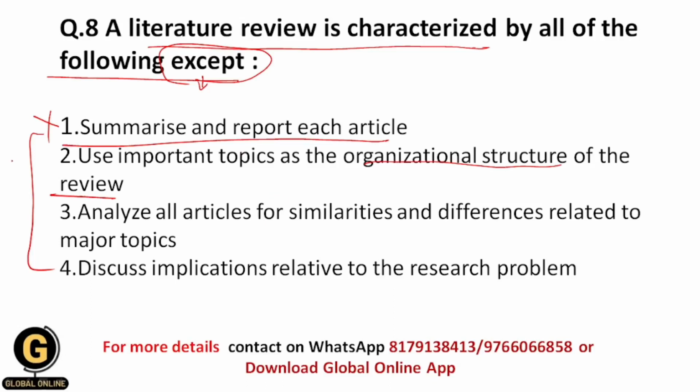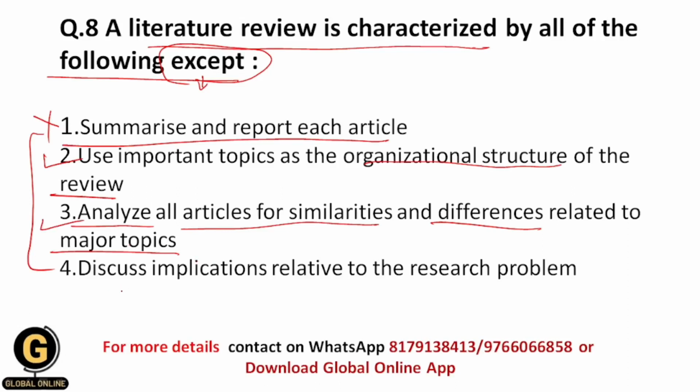So it is one of the characteristics of literature review. Then analyze all articles for similarities and differences related to major topics. Whenever we are finding the summary of different previous works, we should analyze all the different articles and theories for similarities and differences related to major topics. So this is also one of its characteristics.